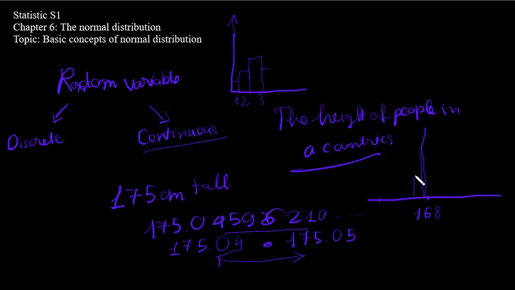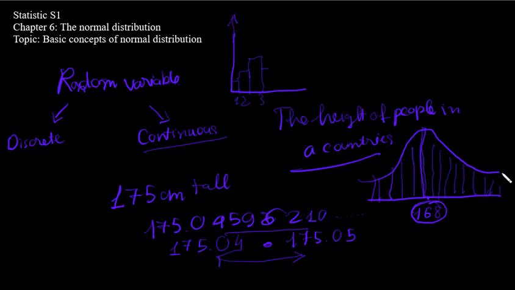Now this is the number of people who are 167 centimeters tall, and the number who are 166 centimeters tall. And here is 169, 170. When we plot a lot of heights like this and connect the top of each line with each other, we get something like this. This one is called the normal distribution curve.